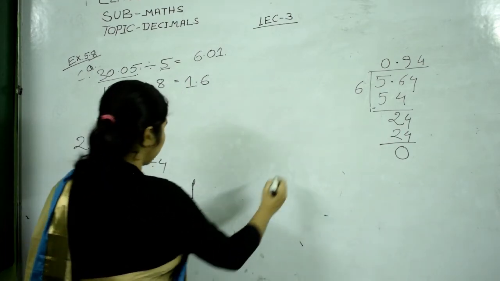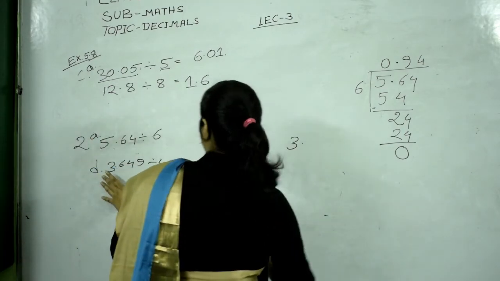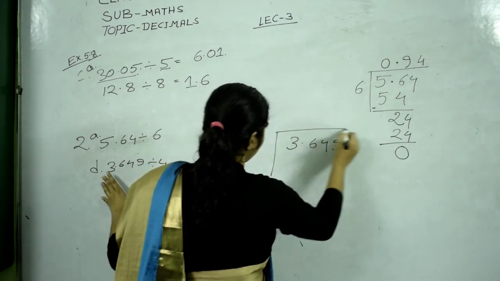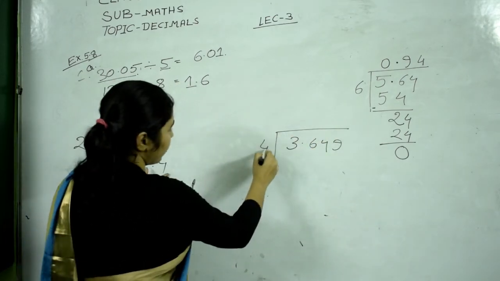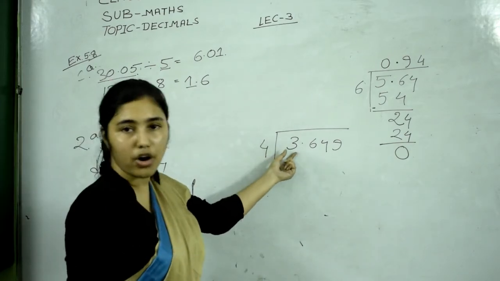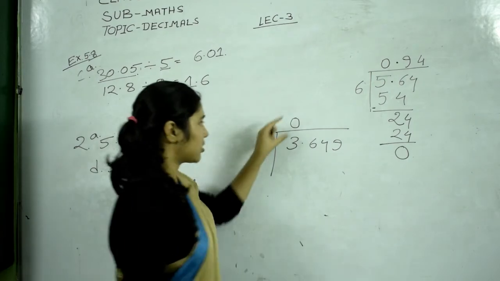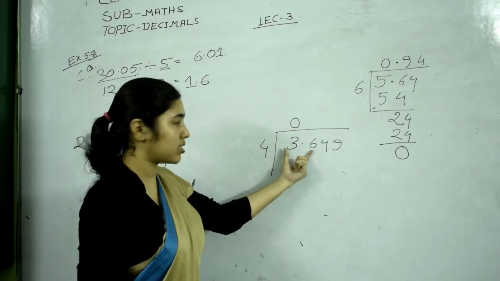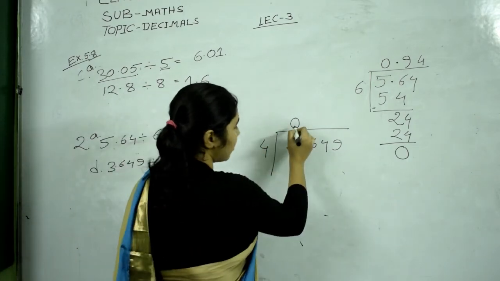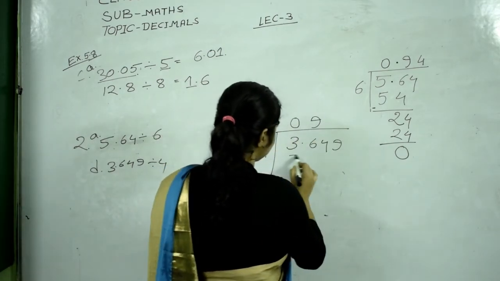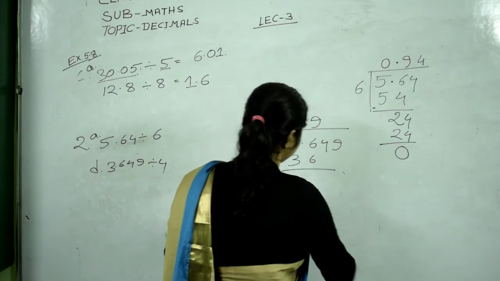Now in our next case, our dividend is 3.649 and we divide by 4. Again 3 is not divisible by 4. So consider 1 zero and consider 36. So 4 9s are 36.